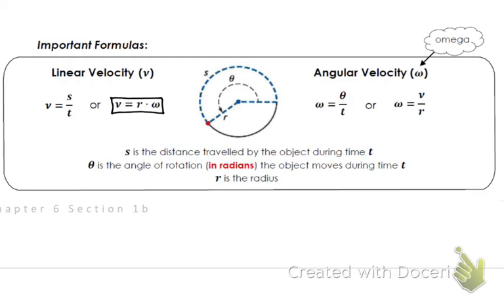But our big one we're going to use today is this one, where theta, that's my theta right there. Theta is going to be the angle of rotation in radians. I'm going to circle that word because we need to get that in radians and put it up there.